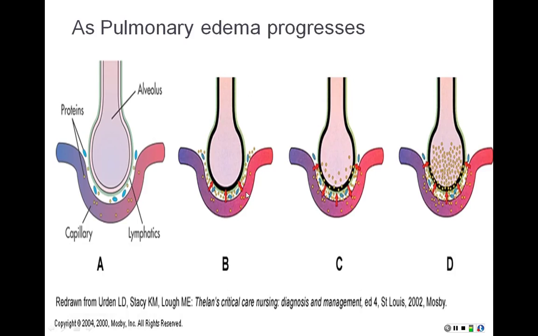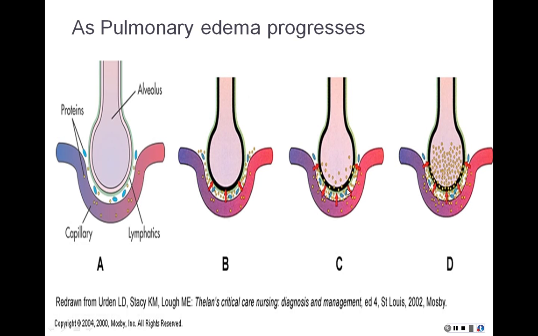And then in B, we have an increase in the pulmonary capillary pressure, causing fluid to move from the vascular space into the pulmonary interstitial space. So you see all these little things starting to go across that semi-permeable membrane. And then in C, we see the lymphatic flow starting to get clogged up a little bit now. It's trying to pull this fluid out.